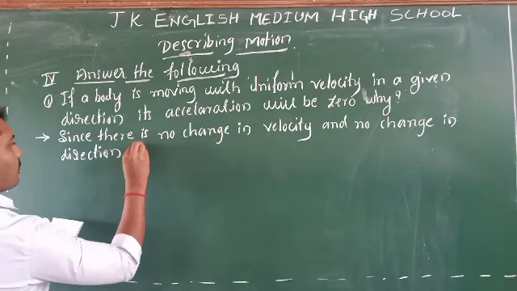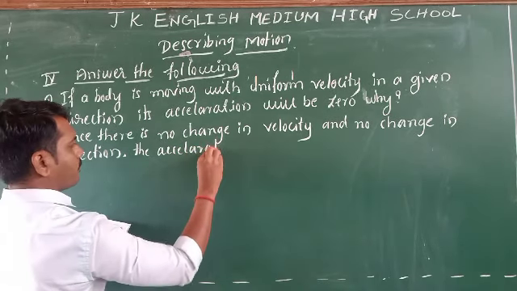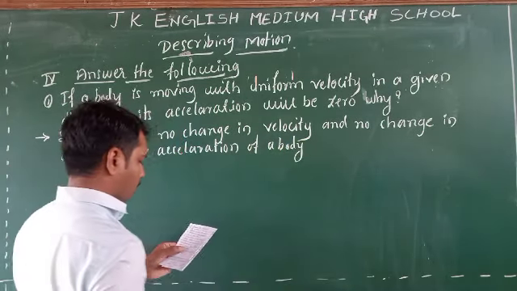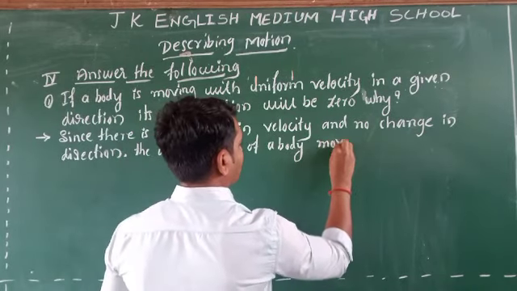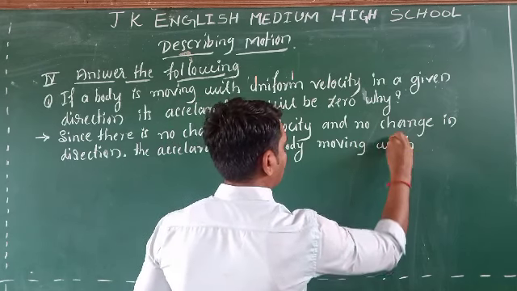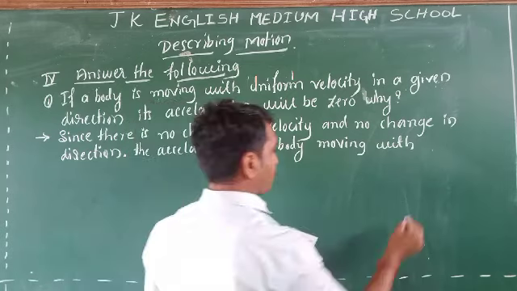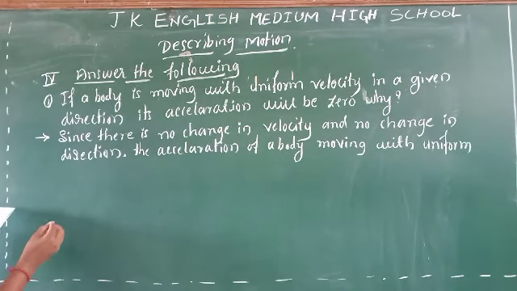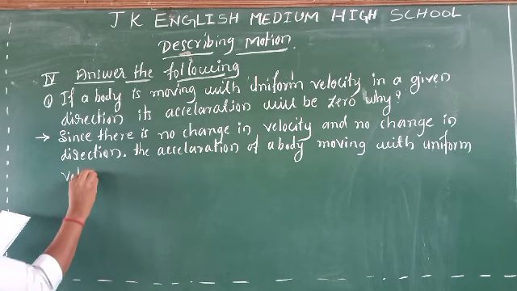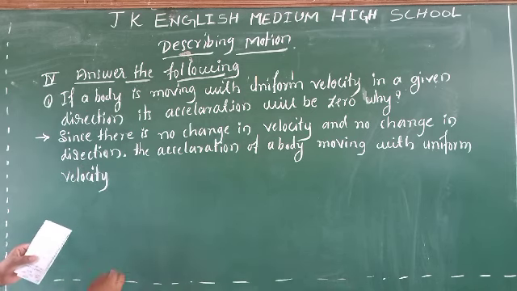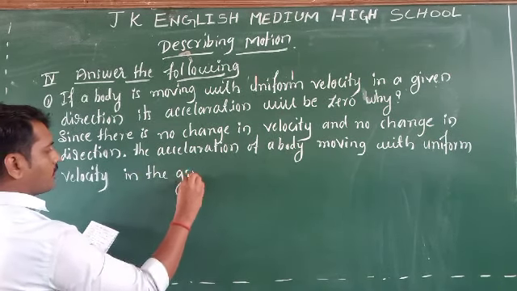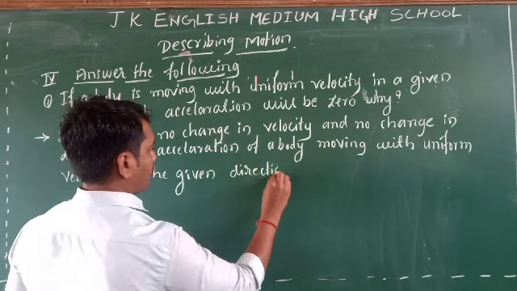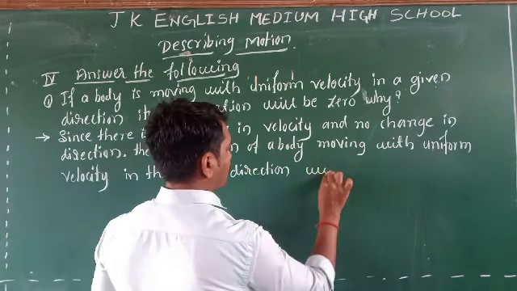The acceleration of a body moving with uniform velocity in the given direction will be 0.